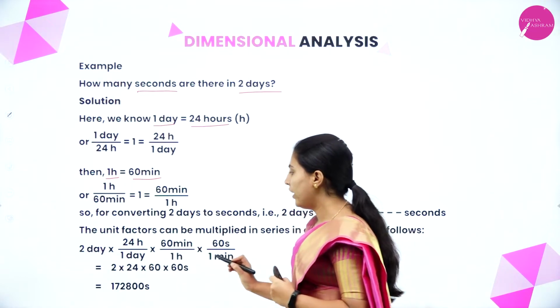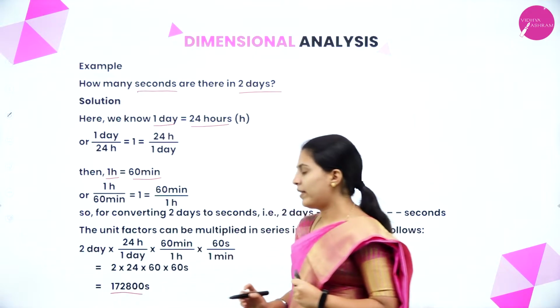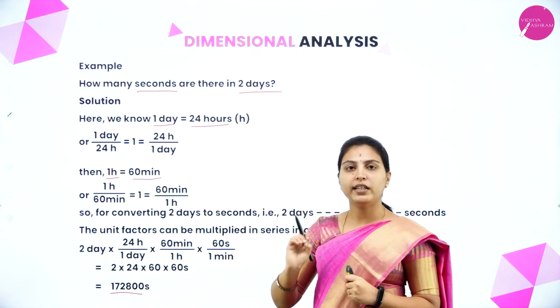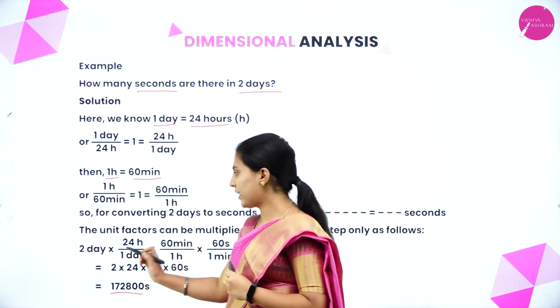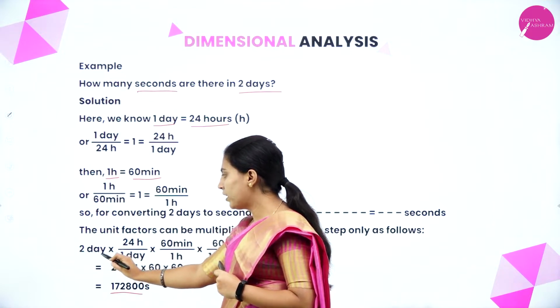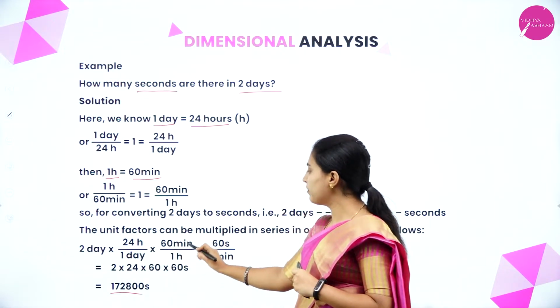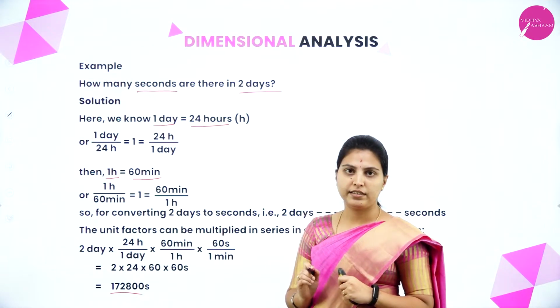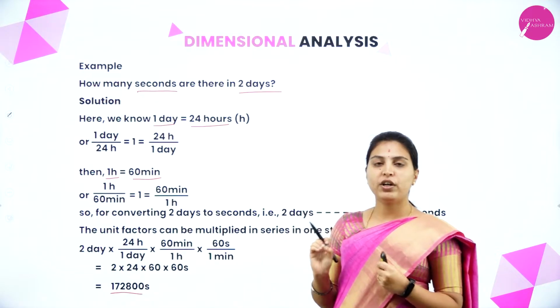By multiplying all of these you will get 172,800 seconds. Once again, the day is converted into hours, hours are converted into minutes, and minutes are converted into seconds. Second is the unit for time.